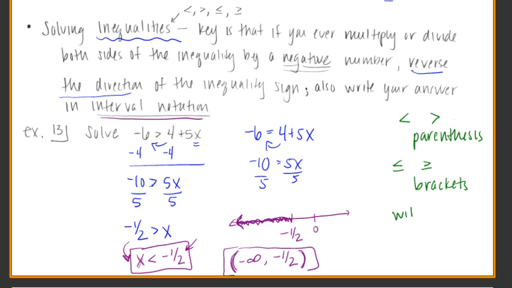And always, as a rule of thumb, with your infinity sign, so negative infinity and positive infinity, you use parentheses, because parentheses mean we can't exactly equal it. We're just going right up to it but not equaling it. Brackets say we can equal it. And since infinity is something like, give me the largest number you can think of, I can think of one higher than that. We can never equal it because there's no known value. So we're always going to use parentheses with the infinity signs.